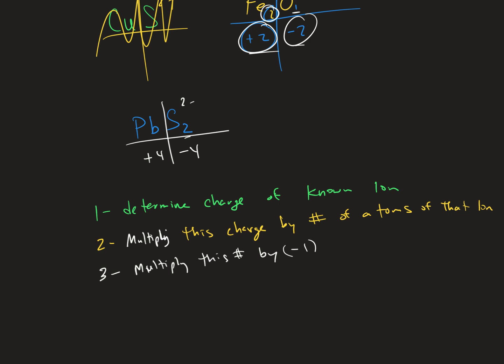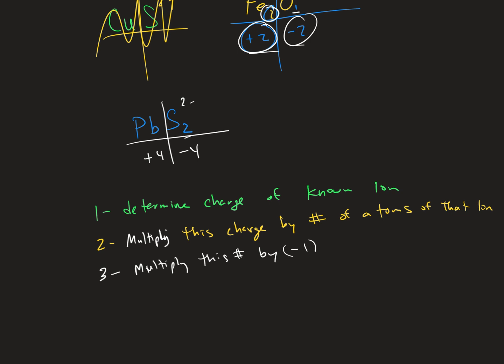There might be better words, I'm just making these steps up. Is it always -1? Yes, you always multiply by -1, because it's always the opposite. If it's positive, you multiply by -1, it's negative. If it's negative, you multiply by -1, it's positive. These are always going to be the opposites. Is the transition metal always going to be the unknown ion? No. Maybe you have an unknown ion, but you're using a main group cation, and you know the main group cation, right?